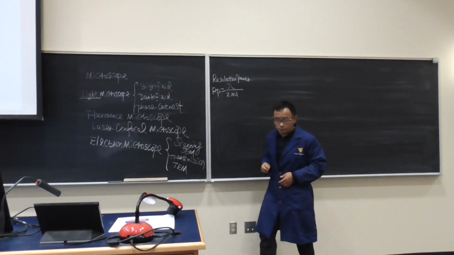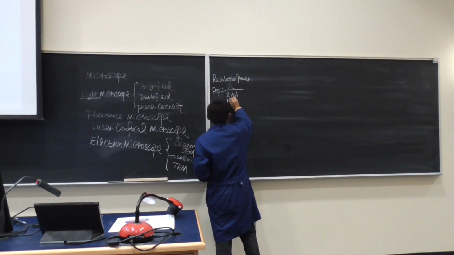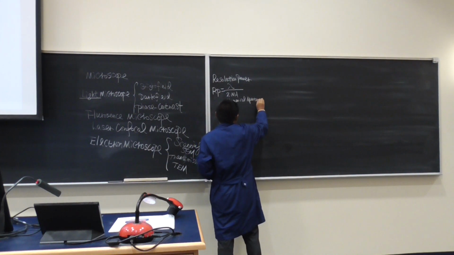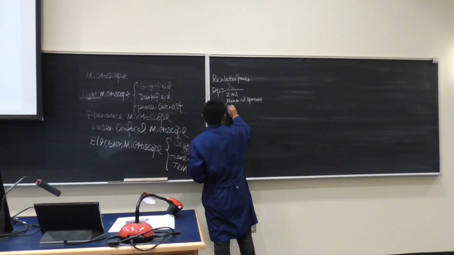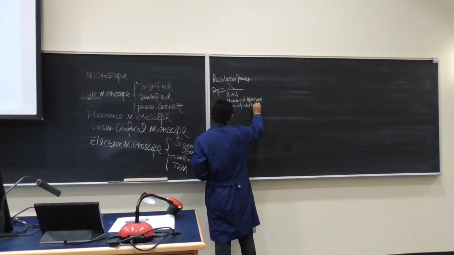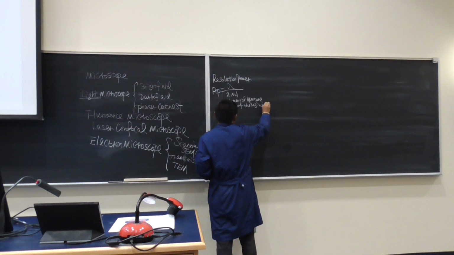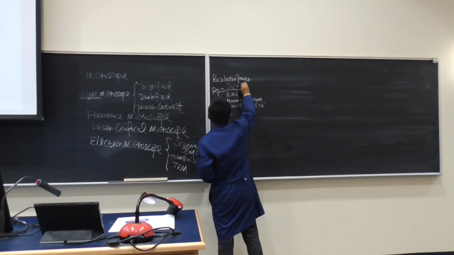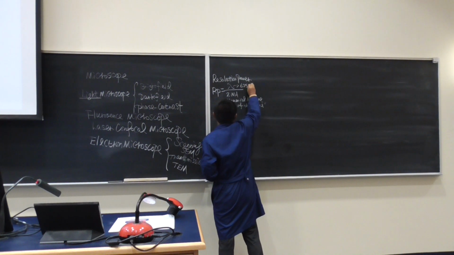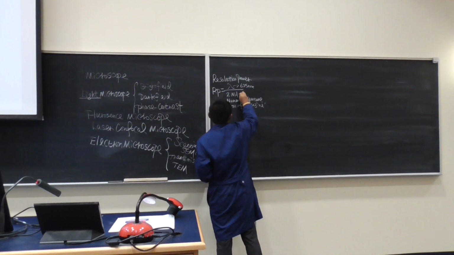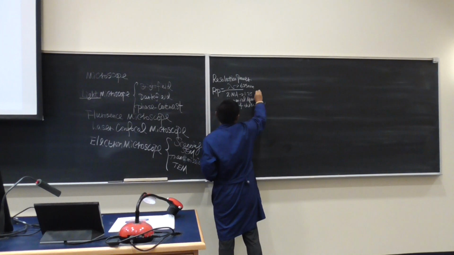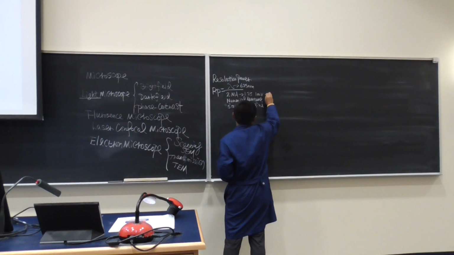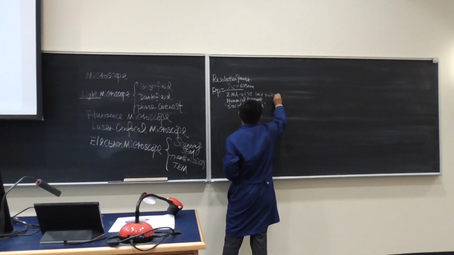NA is numerical aperture. We said this is like the size of the microscope engine, and lambda is always 625 nanometers, and this number is 1.25 if we use 100x with oil immersion.